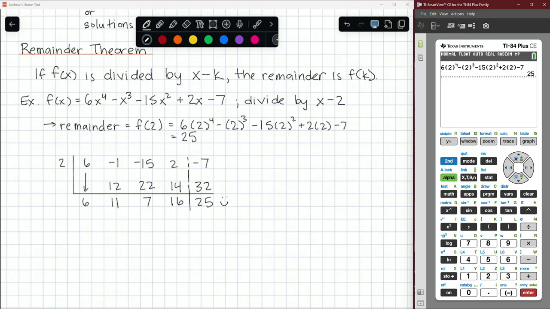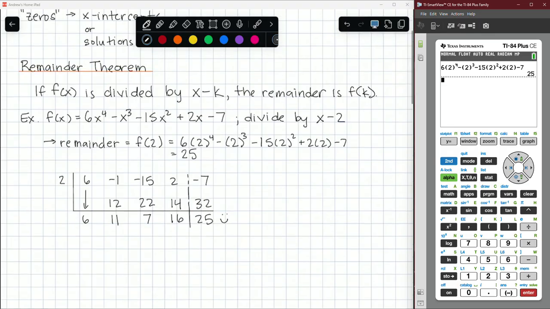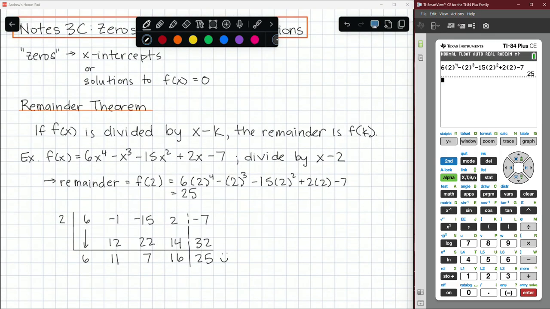So our remainder theorem checks out. This is super duper important. This is going to help us identify zeros of our polynomial.